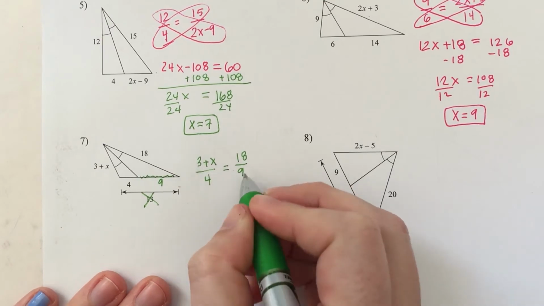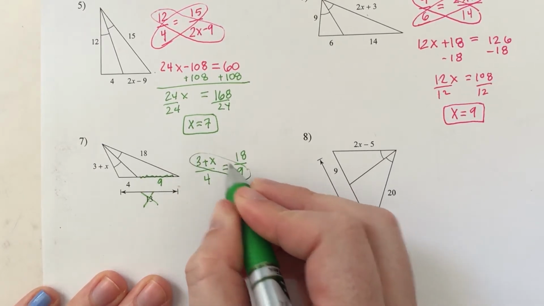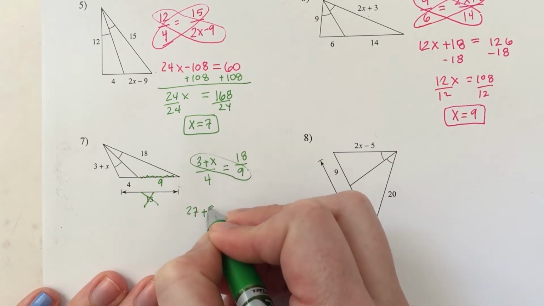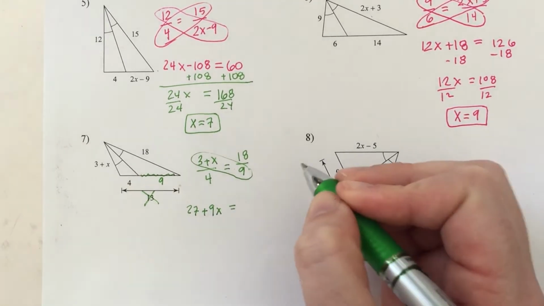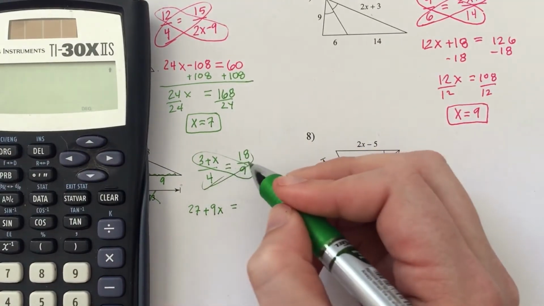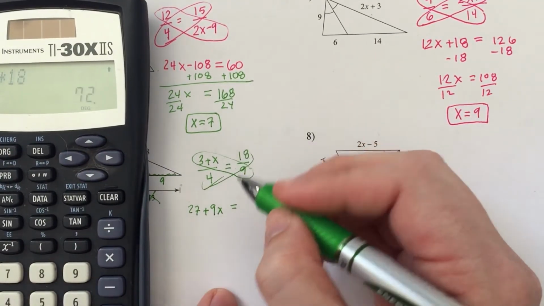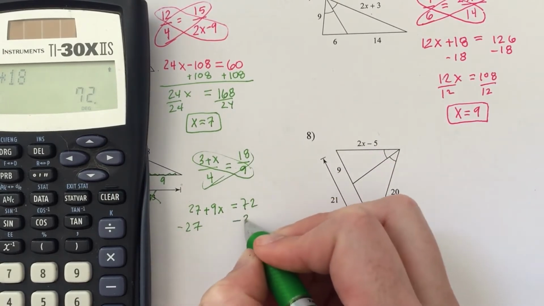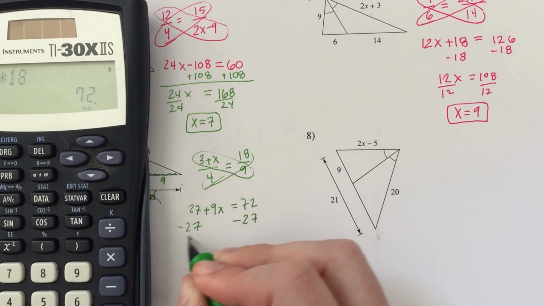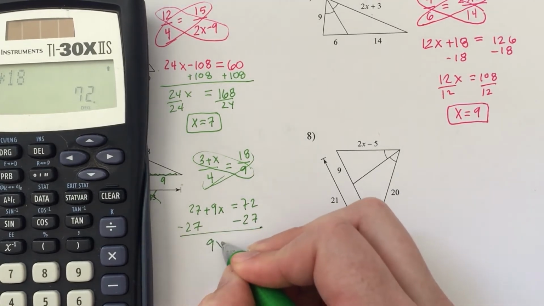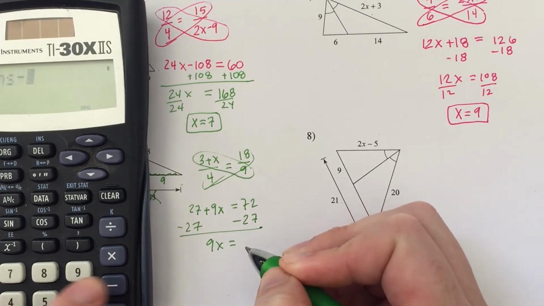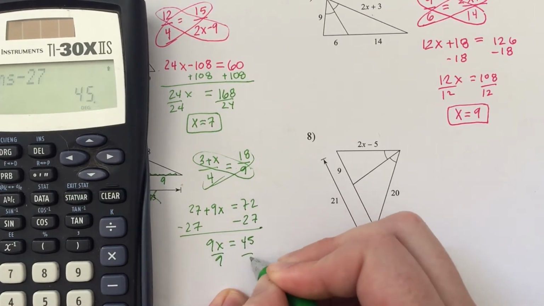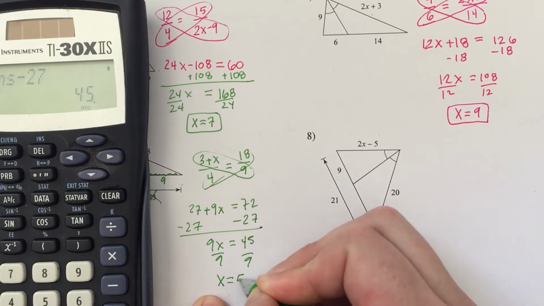That would be 9 times 3 is 27, plus 9 times x is 9x, equals 4 times 18, 72. I subtract the 27 because they're both constants. I want the x to be alone. 9x is equal to 45, divided by 9, and x is equal to 5.